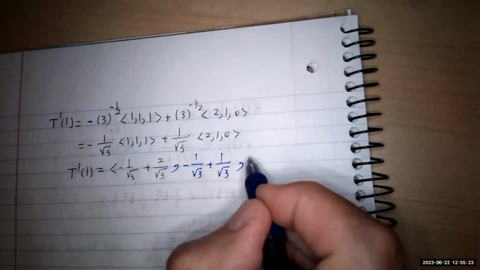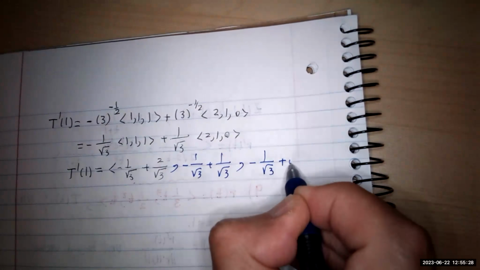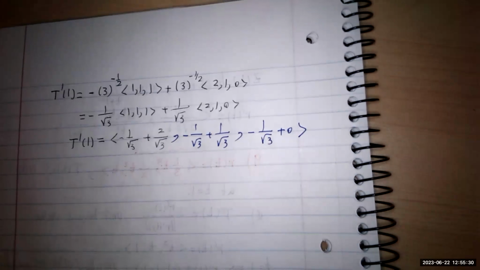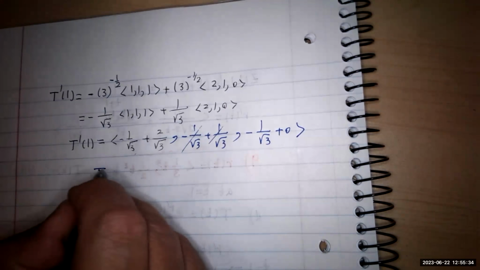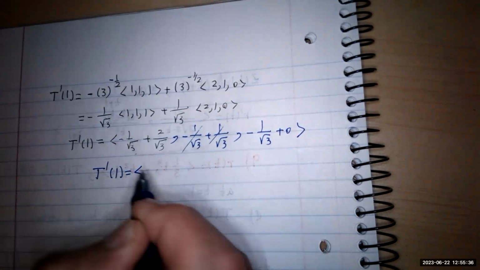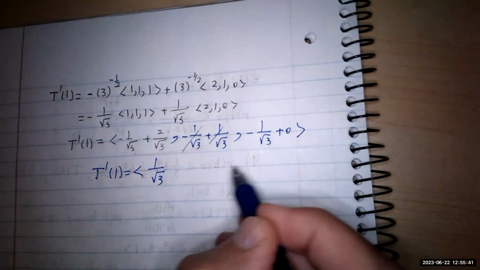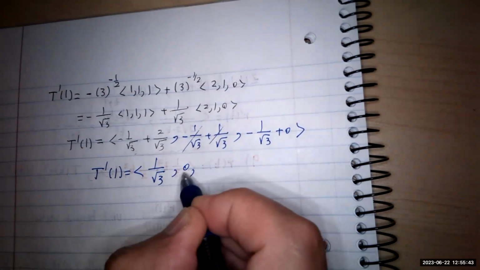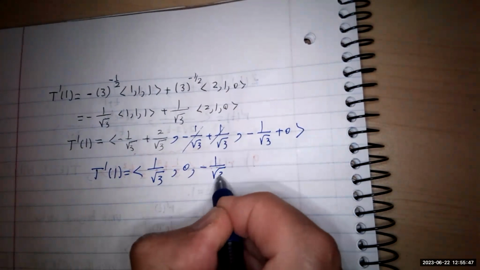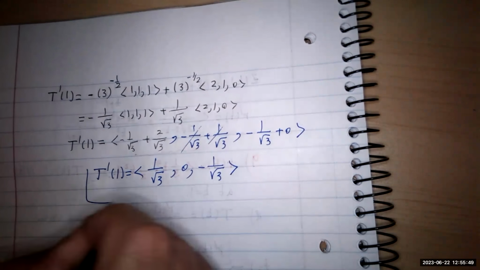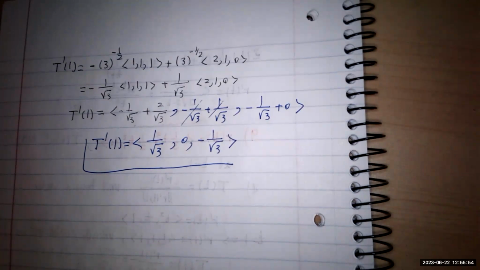The third component, I have a negative 1 over radical 3 from the first part, and the second part, I have 0. Okay, so these would cancel out. So T prime of 1 is going to be 2 minus 1, which is 1 over radical 3. I get the 0. And I have a negative 1 over radical 3. So this is going to be T prime of 1.